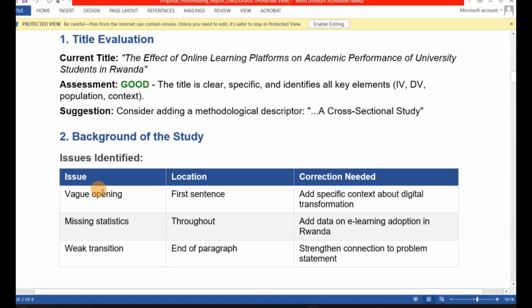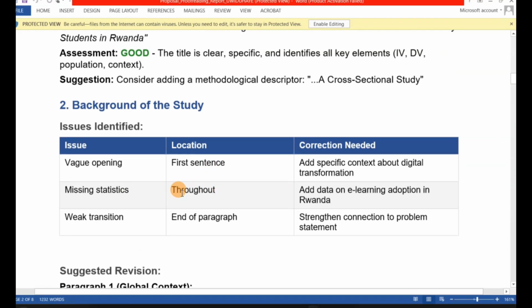So the first sentence, maybe she can change missing statistics. Ask you a question. Yes, please. If we are using the same topic, at the end you say over one academic year, will it be the same topic? Will it be cross-sectional or longitudinal?